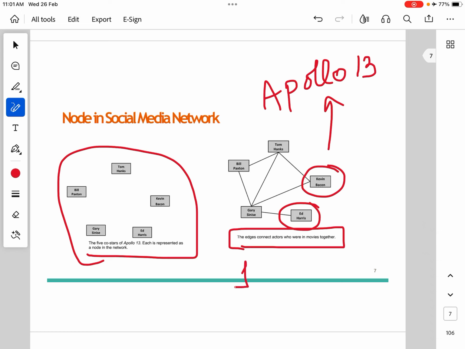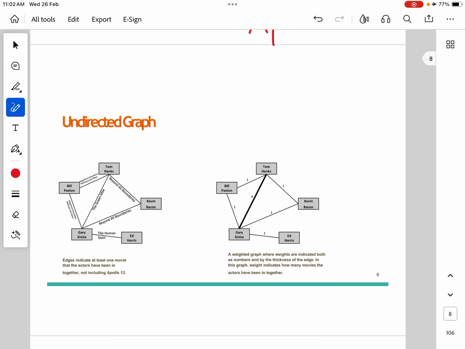Both of them have only one common movie, and that is Apollo 13. Ed Harris and Kevin Bacon. All the other actors have worked together in other movies apart from Apollo 13.